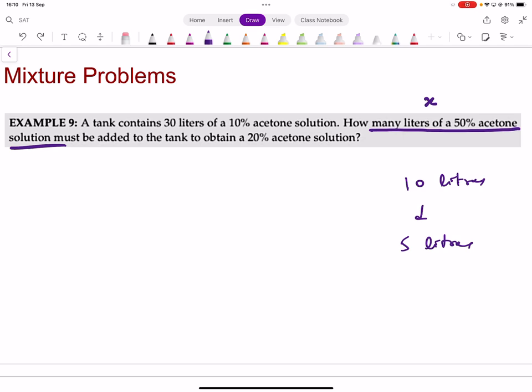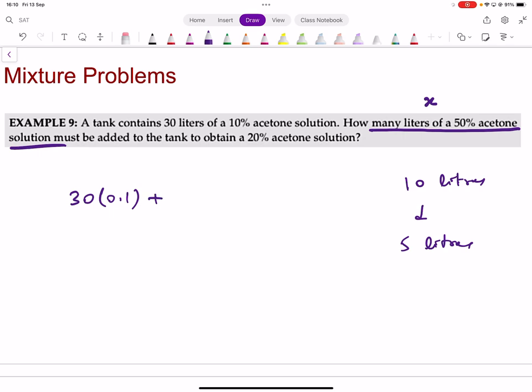Okay. What do you have currently? अभी acetone के कितने liters हैं? Can we figure that out? 30 liters में 10% जो है वो acetone है. So what's the amount of acetone that we have right now? 30 into 0.1. 30 का 10%, that's 30 into 0.1.